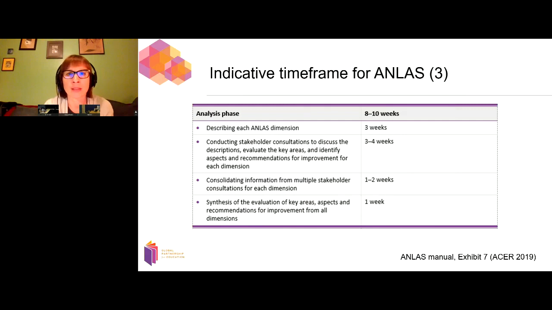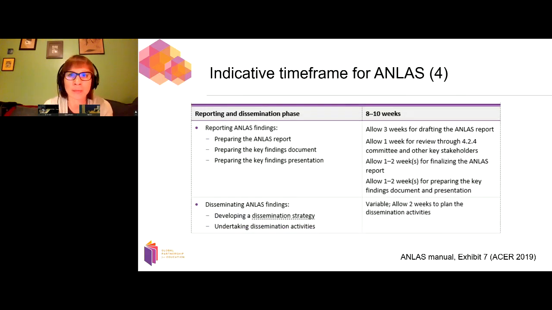The reporting and dissemination phase. Based on the experiences from the pilot implementations, we have scheduled a period of 8 to 10 weeks to prepare the report, the summary of key findings, and the key findings presentations, but also to think about and develop a more detailed dissemination strategy.